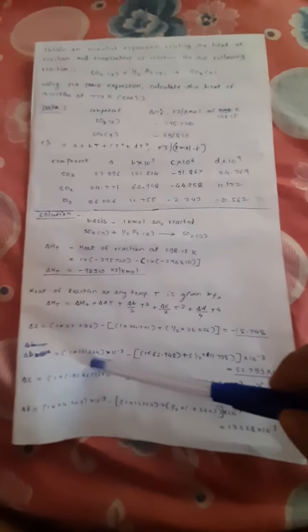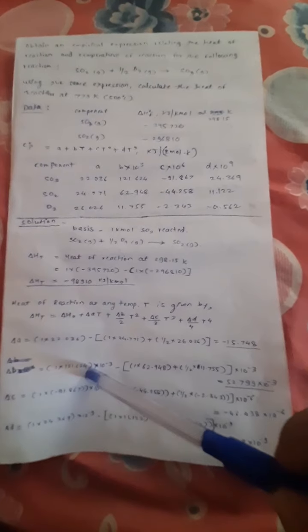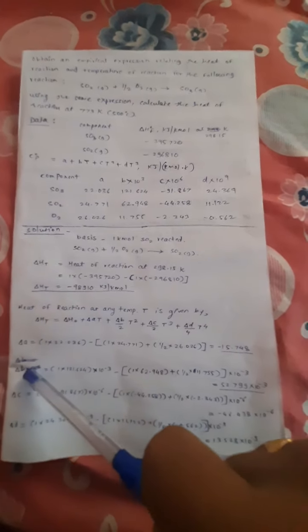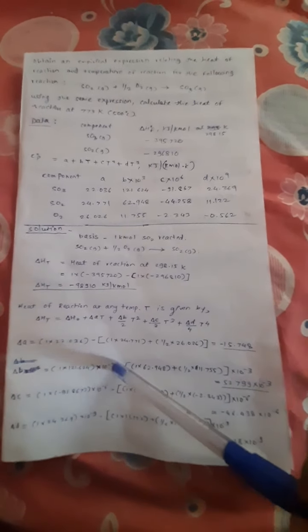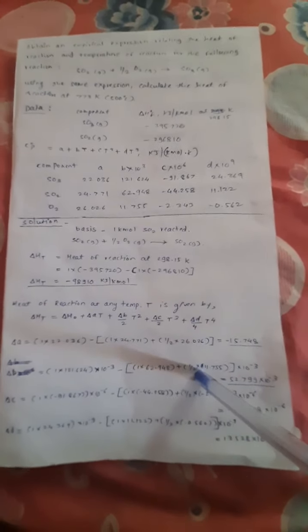Similarly for delta B, number of moles into value of B for SO3. Delta B into 10 raised to 3; on this side, this will become 10 raised to minus 3. Number of moles into value of B for SO2, and number of moles into value of B for O2 into 10 raised to minus 3. I will get this value.